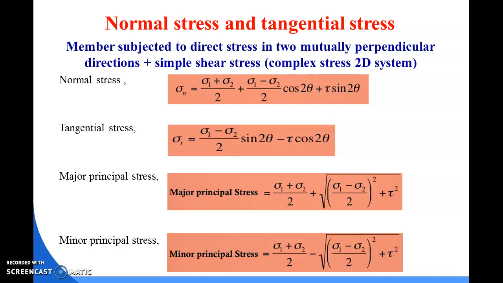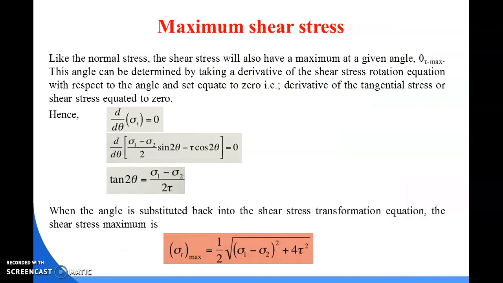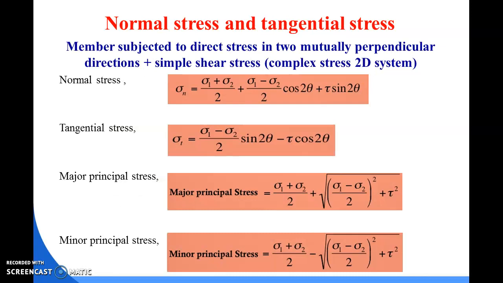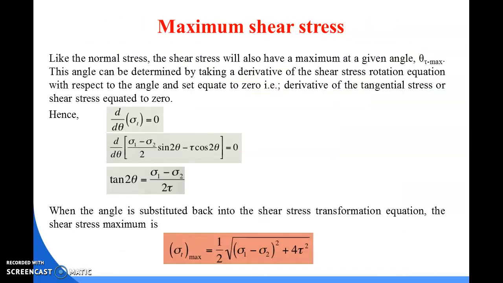Now comes another criterion, which is maximum shear stress. How do you find the maximum shear stress?